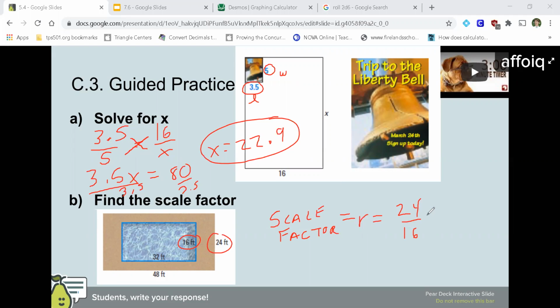Again, I wouldn't leave my answer like this because it is reducible. I can divide both of these by 8. So answers I would accept would be 3 over 2. That'd be great. If you change it to a decimal and tell me that's 1.5, that's fine too. I'm not going to be upset about that.